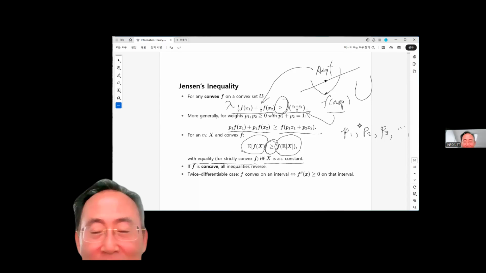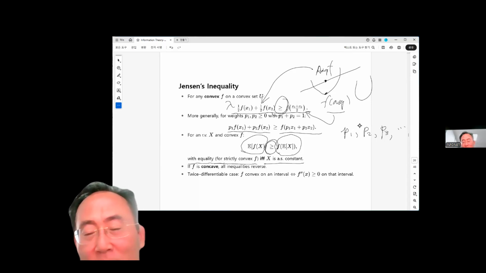So that is nothing but x is a constant. So since probability distribution is an assignment that you design, we can design this way. So for example, x is equal to 1 with the probability 1.